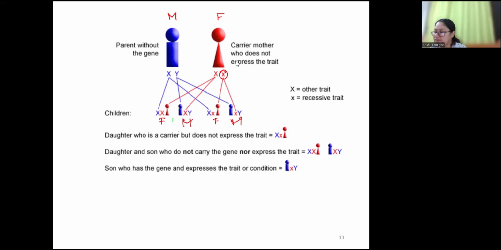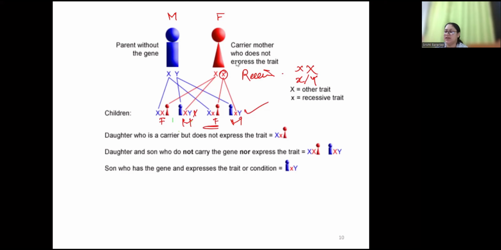Keep in mind it's recessive. A female, in order to be affected, should have both X^a, while for a male one X^a is enough. So any male with X^a Y is diseased. This male is diseased, this male is not, and this female is a carrier.